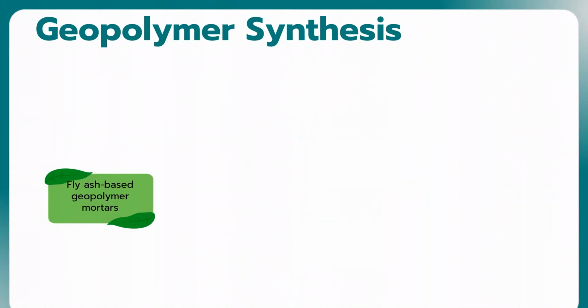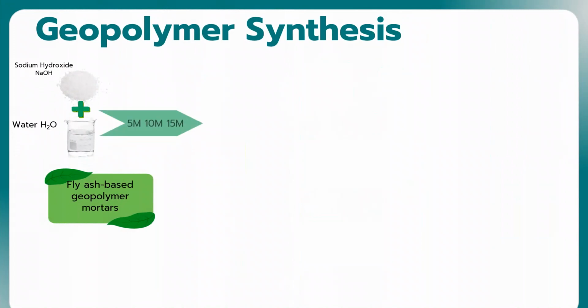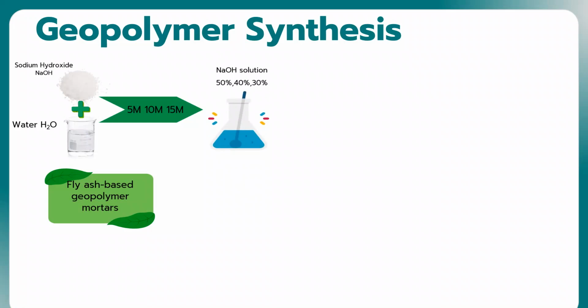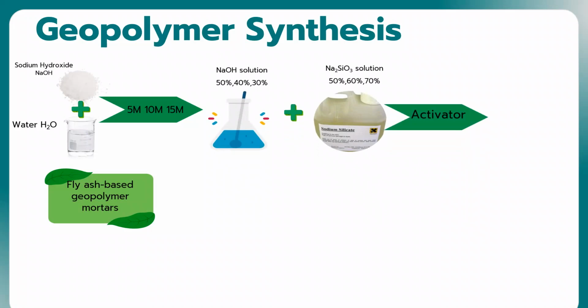This is my geopolymer synthesis process. Firstly, I combine sodium hydroxide solids and water to get the 5 molarity, 10 molarity, and 15 molarity sodium hydroxide solutions. And then I combine the sodium hydroxide solution and sodium silicate solution to make the alkaline solution activators.